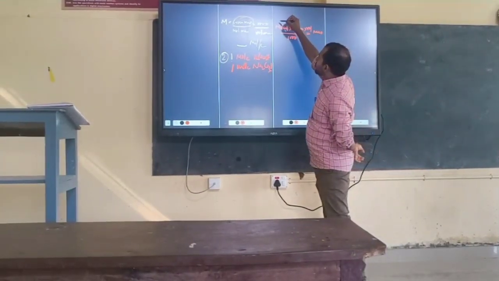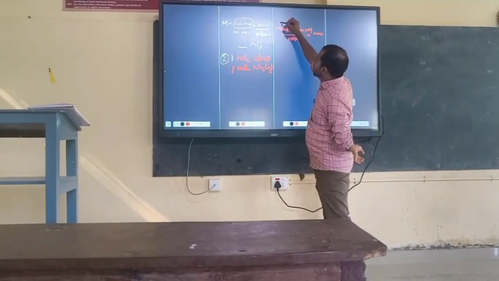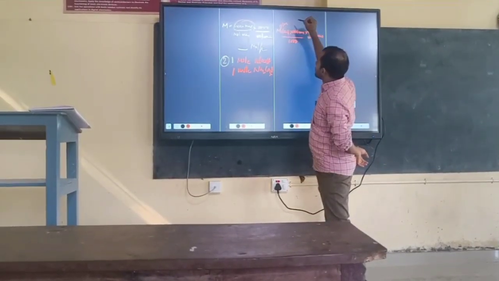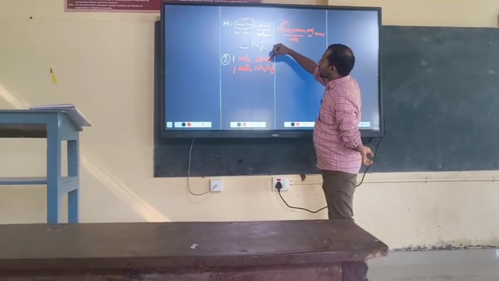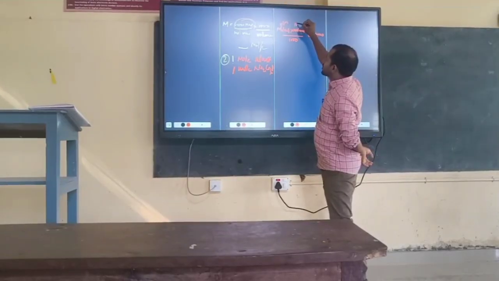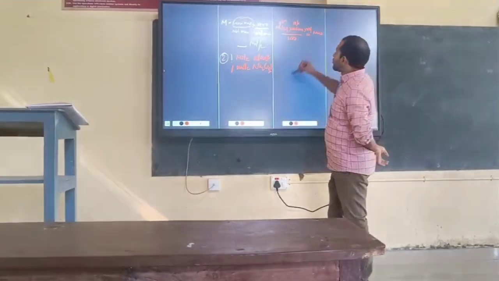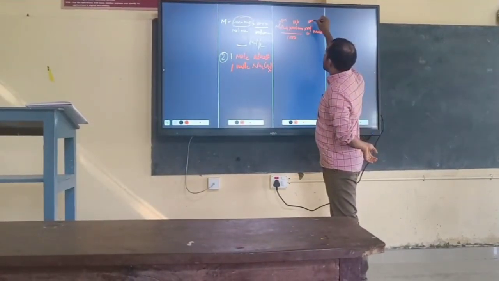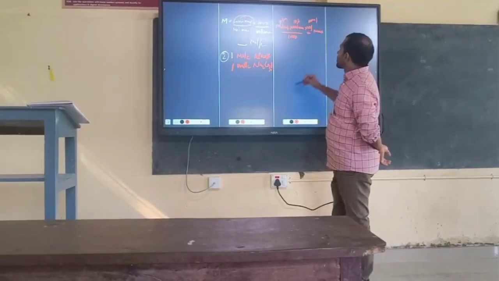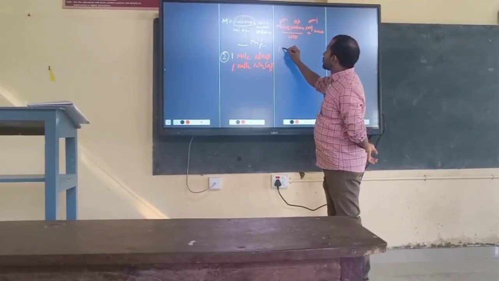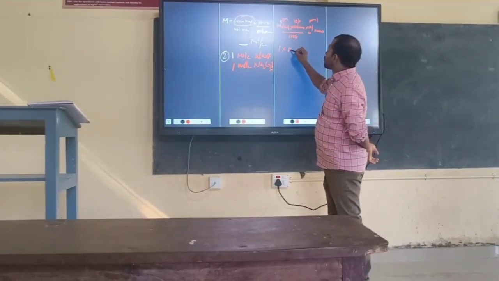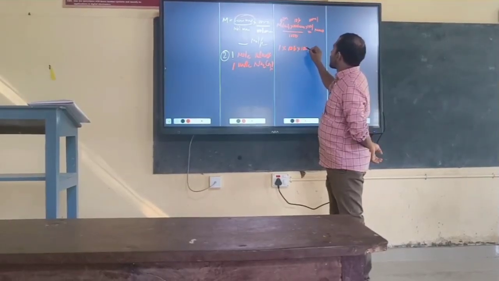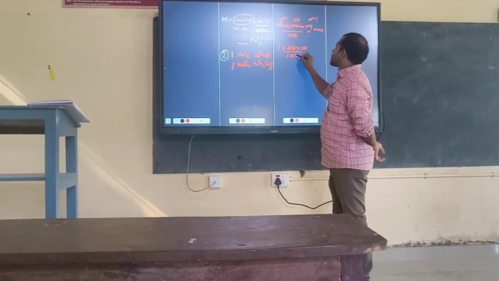So say if we want to prepare a 1 molar solution, the molecular mass of Na2CO3 is 106, and if we want to prepare 100 ml of this solution, we can multiply 1 into 106 into 100 by 1000.